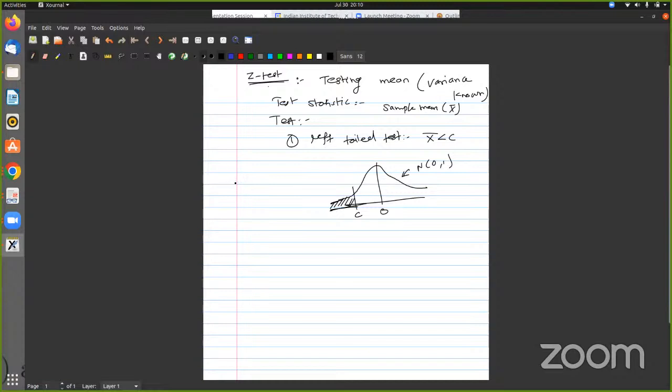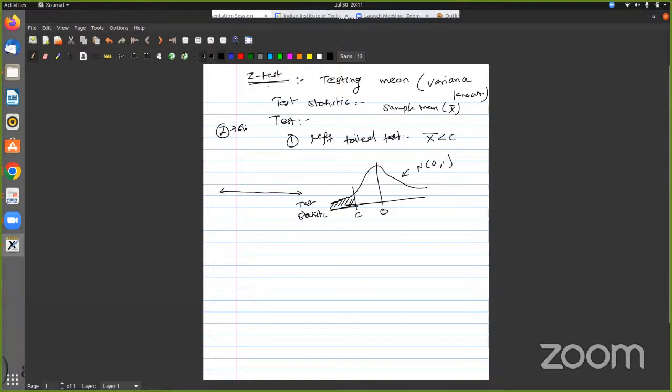So this will be derived. For example, any z test you are performing, you start from, let's say you are asked to find the alpha and beta, I mean, you are given the significance level, and you have to find out the test statistic.